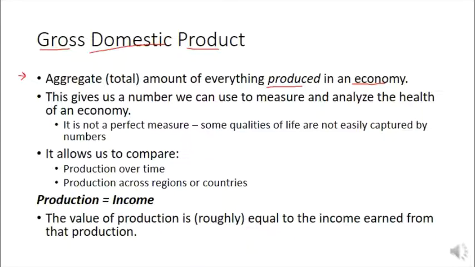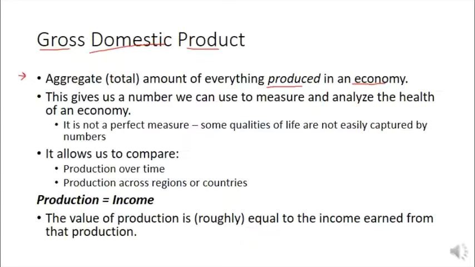But what's implicit in this definition is that production is the same as income. So one country with a very productive few people might match the GDP of a more equitable or more just nation. If production is the same as income, take a minute to think for yourself about what that suggests.